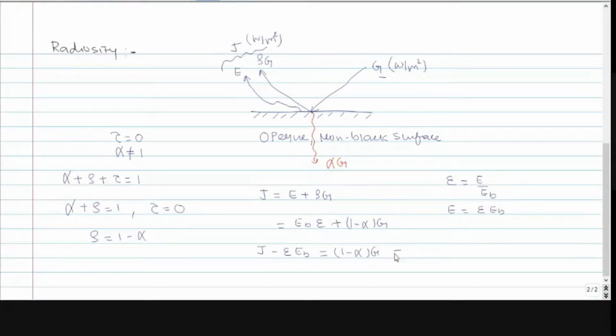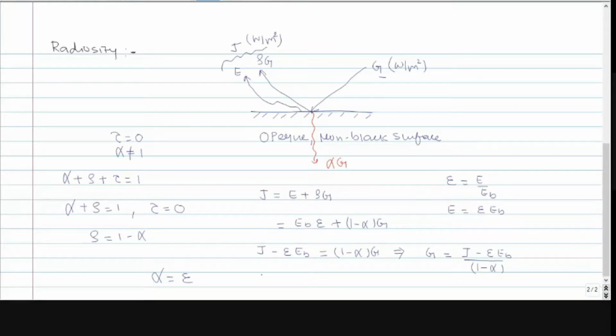So making G the subject, it becomes J minus emissivity times the emissive power of black surface, divided by 1 minus alpha. Now we know from Kirchhoff's law that for equilibrium conditions, alpha equals emissivity. So we just replace alpha with emissivity.